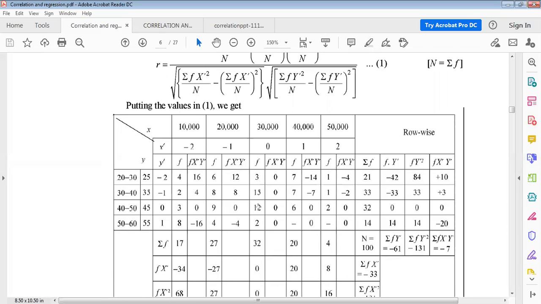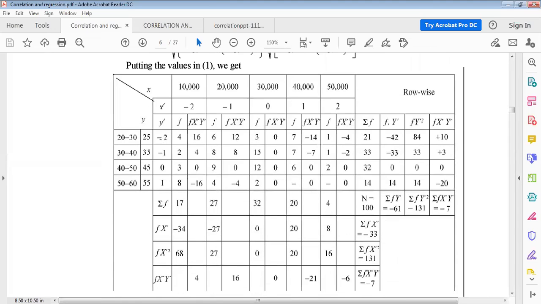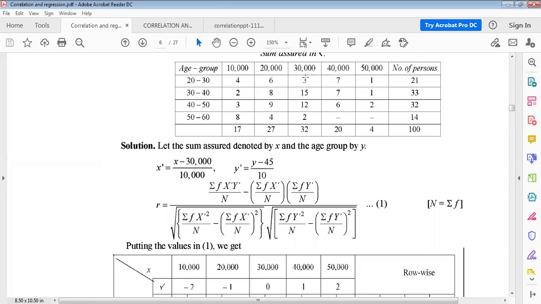Now the x dash column, the y dash column, the y dash row, and the f column, f into x dash y dash. The values of f are 3, 15, 12, 2.